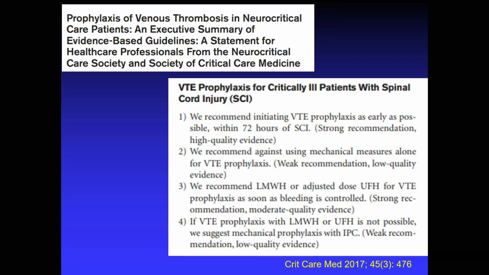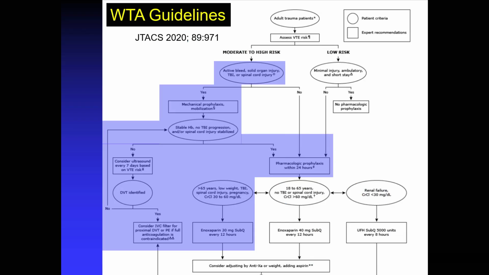So regarding the timing of VTE prophylaxis initiation, it appears that the majority of vertebral and spinal cord injuries can have VTE prophylaxis within 24 to 48, or at the very least 72 hours of injury.